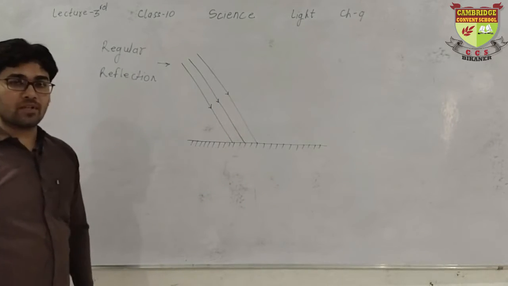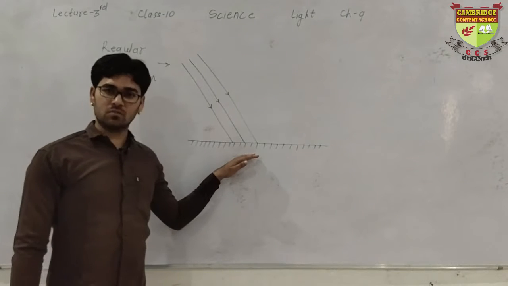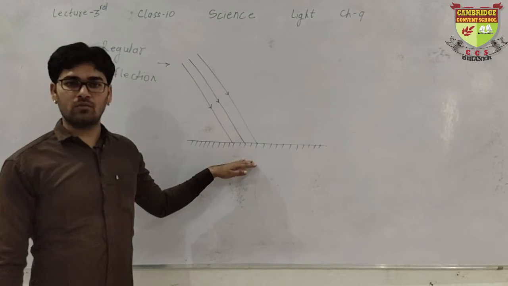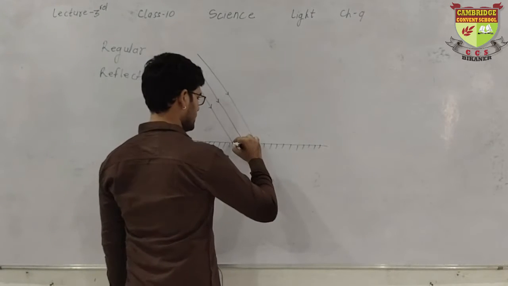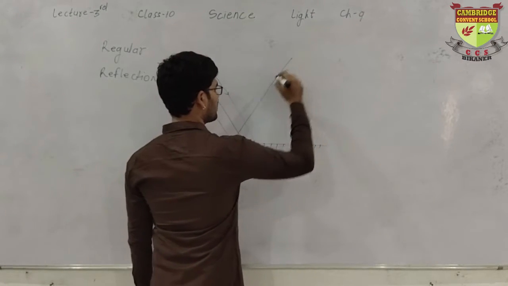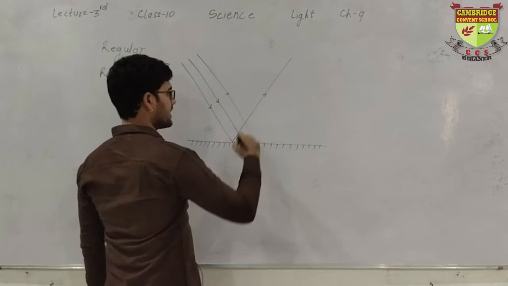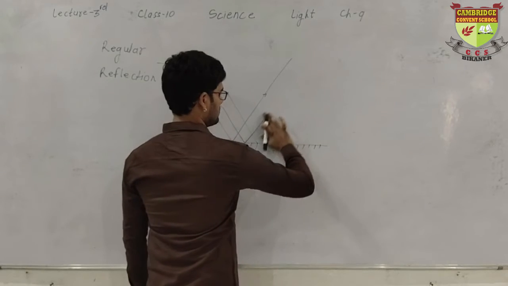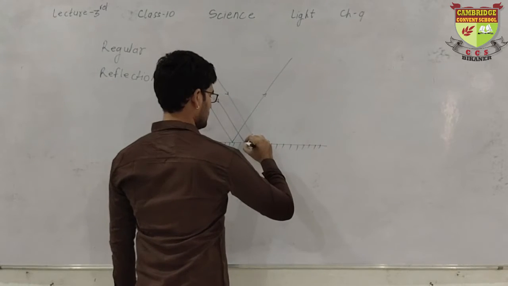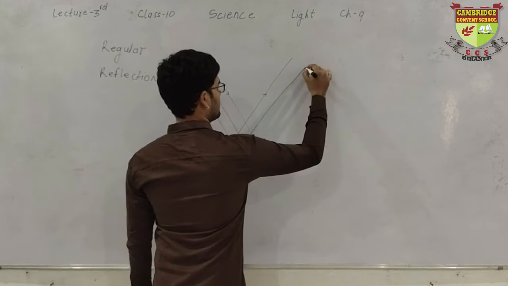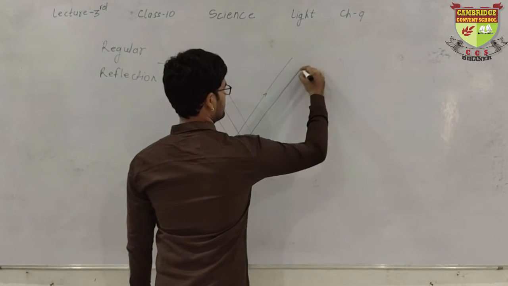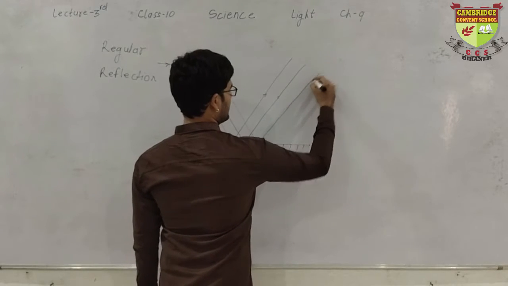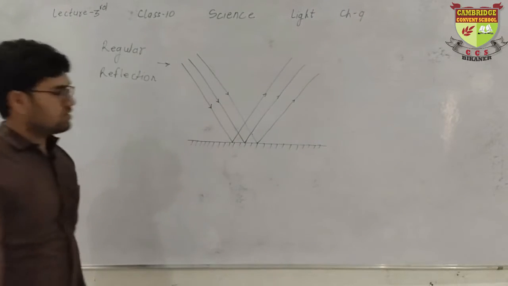Now what happens? Since this is a smooth surface, after reflection the light rays will go like this. This will go like this, the reflected ray direction, this one, like this, and this one like this, right?